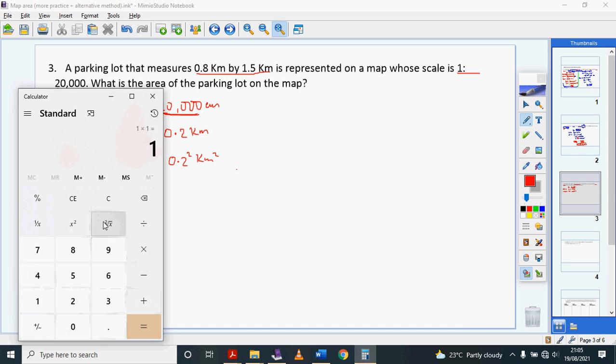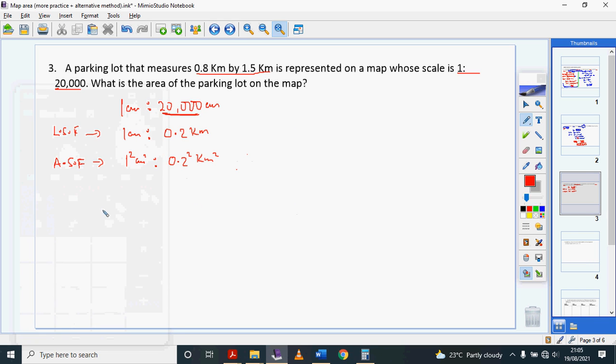Wonderful. And 0.2 squared, who can guess? 0.2 squared is 0.04. So now this compares centimeters to kilometers, right?